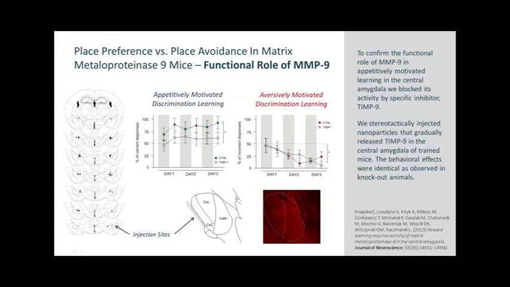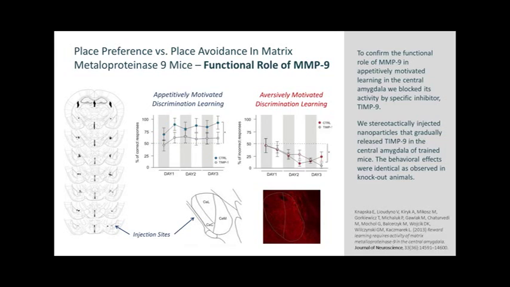Then, because our first data showed that this response is related to CFOS expression in the central part of the amygdala, we wanted to check if this role of MMP9 is also related to its function in the structure.